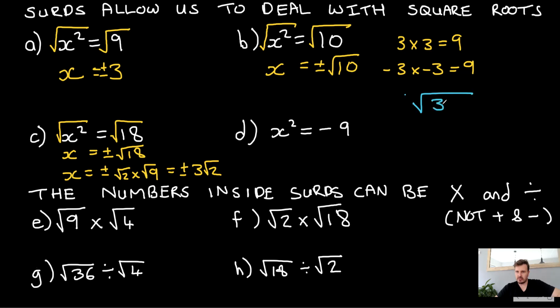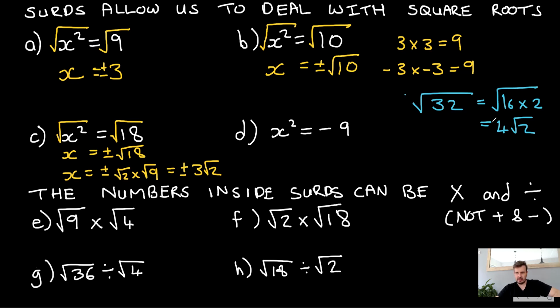Let's try 32. Okay, so we know that 32 is actually 16 times 2. And so what your calculator does is it says, well, I know the square root of 16, that's 4, and I cannot get the square root of 2, and so it'll give you the answer of root 32 as 4 root 2.